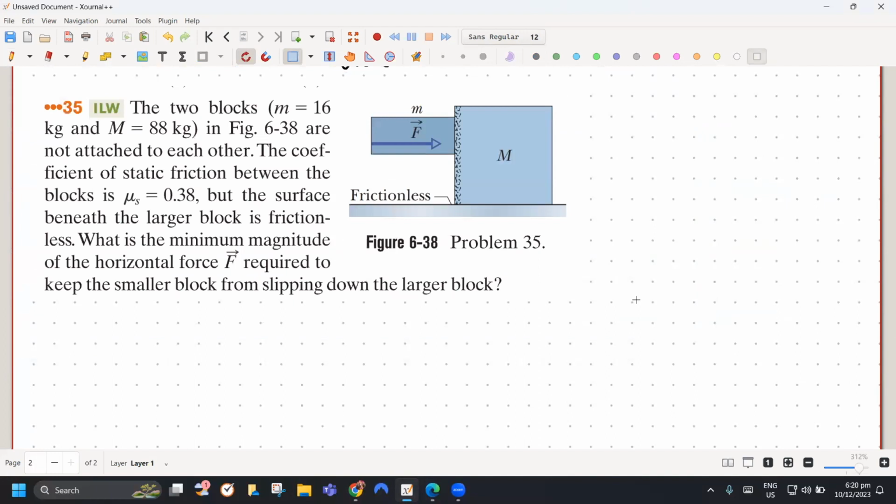The two blocks are not attached to each other. What is the minimum magnitude? Use glue. Problem solved.